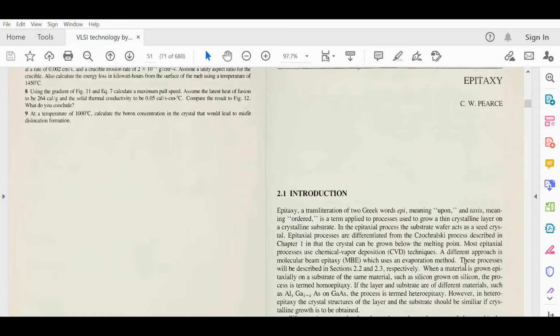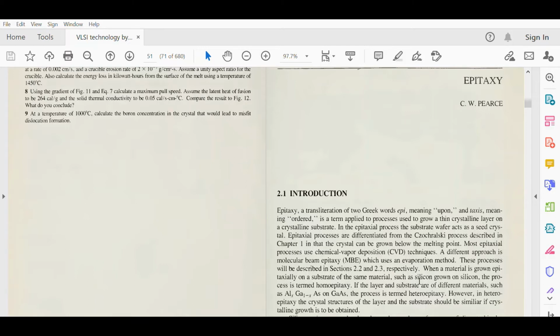When a material is grown epitaxially on a substrate of the same material, such as silicon grown on silicon, the process is termed homoepitaxy. Remember this. If silicon is grown over silicon, the same substrate grown over the same material, then it is known as homoepitaxy.